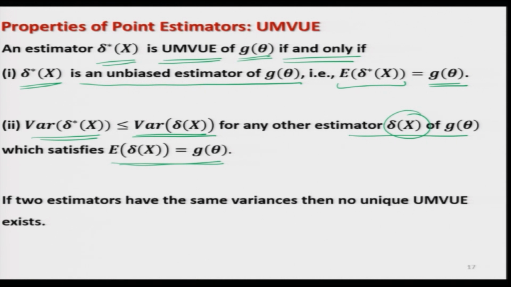We choose that estimator which has got the minimum variance, and that is going to be called the uniformly minimum variance unbiased estimator of that respective parameter. So, this is the definition of UMVUE of g theta, right. So, obviously, you are now imposing the word uniformly minimum. That means if there are two estimators which have got the same variance, there cannot be a unique uniformly minimum variance unbiased estimator, right.